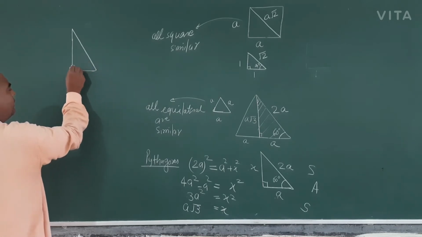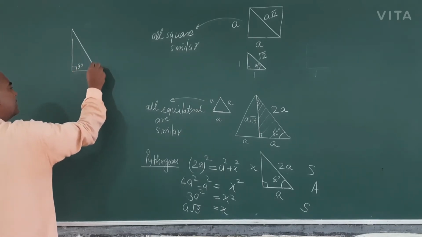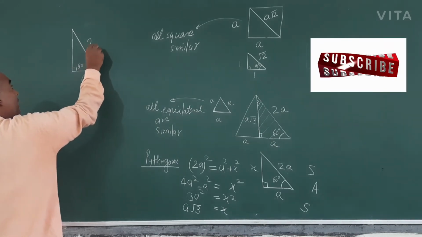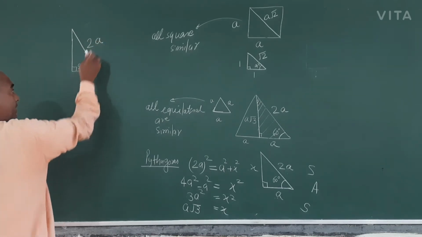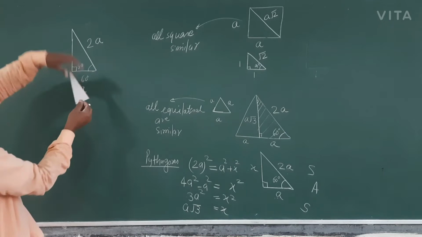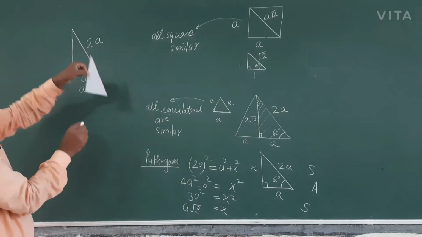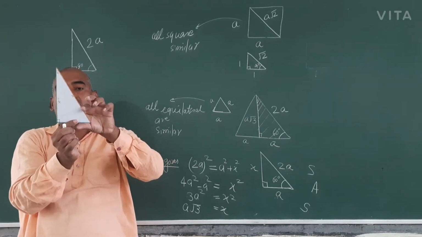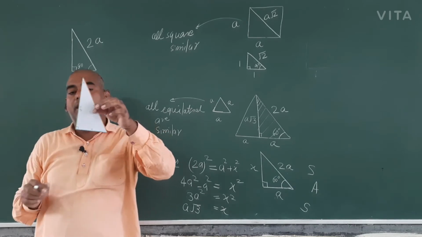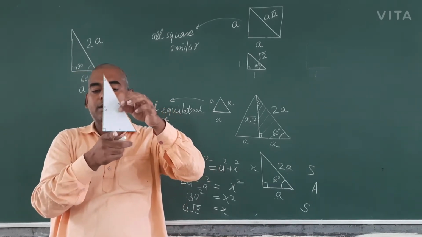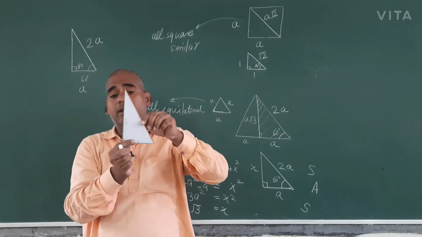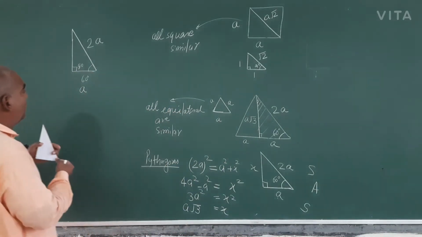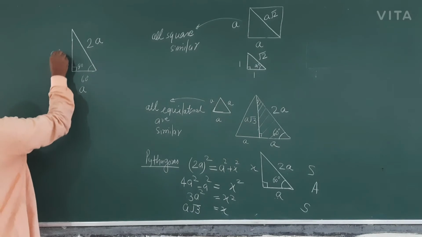If this is 90 degree, this is 60 degree, so this is 2A, this side is A. When I measured, this is 20 centimeter and this is 10 centimeter. This is 10 centimeter, the smallest one. This is double of this side, 20, and this is 10 root 3, root 3 times of this side. So 2A, and that is A root 3.